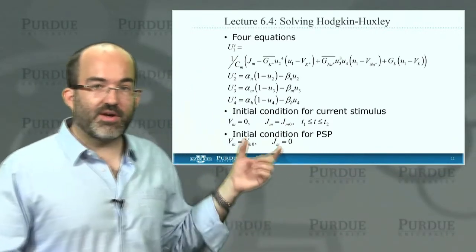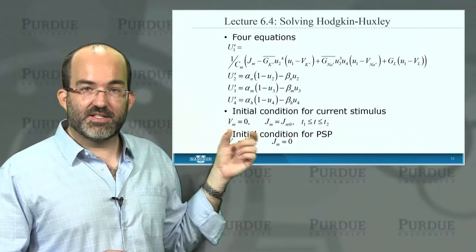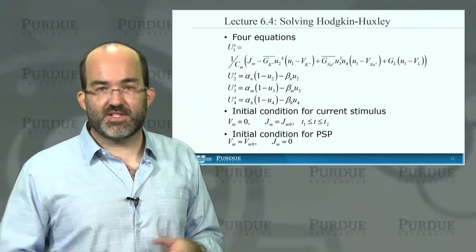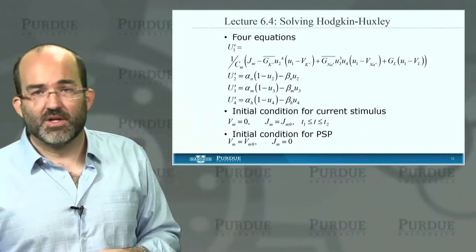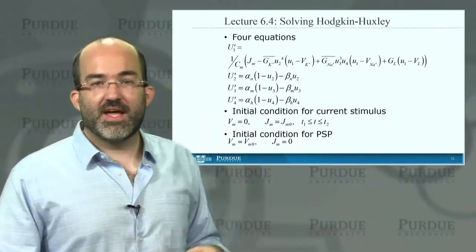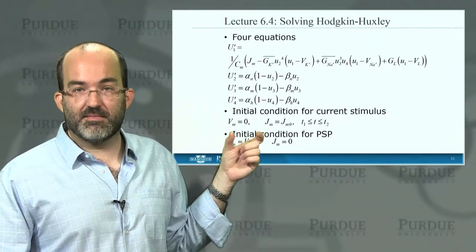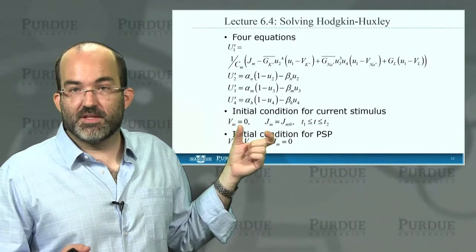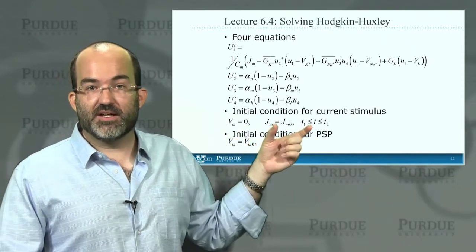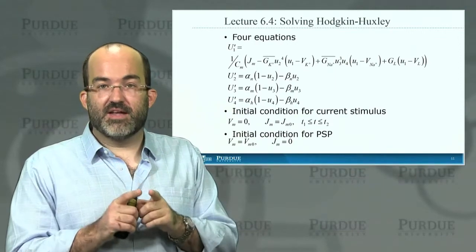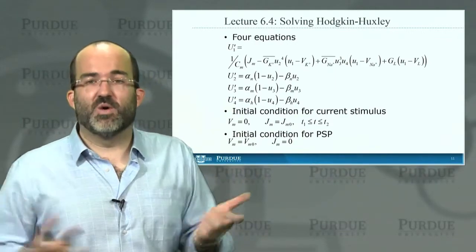So what you'll do in your program is your default will be to set Vm to 0 and Jm to 0, but then you'll ask the user what sort of stimulus they want to use. If they want a postsynaptic potential stimulus, you'll set Vm to be non-zero, say 20 millivolts initially, or you'll set Jm to be non-zero for the width, the amount of time that is equivalent to the current pulse that you want to deliver.